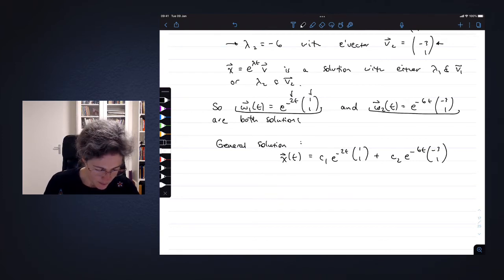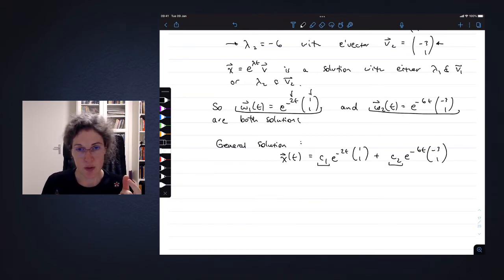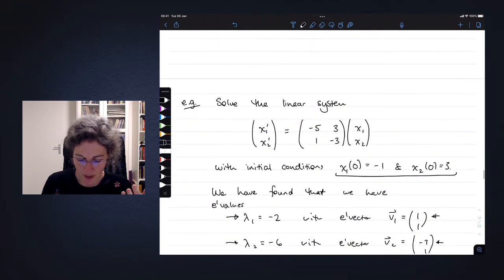And it shouldn't be a surprise if we think about why we've got two constants here. Think about what we're doing. We're finding solutions to two first-order differential equations. And when we find a solution to a differential equation, we are, in a sense, integrating.